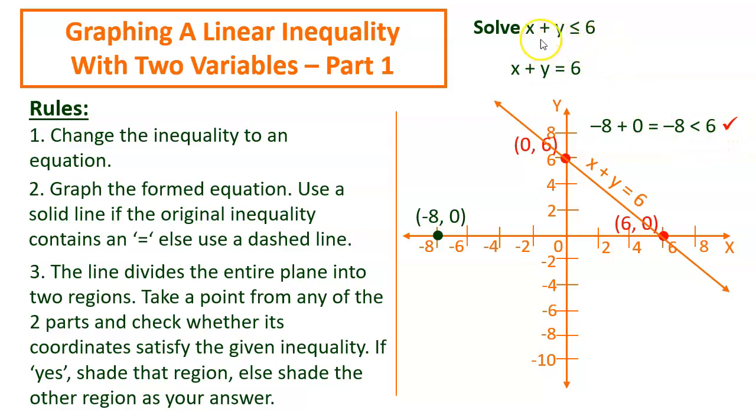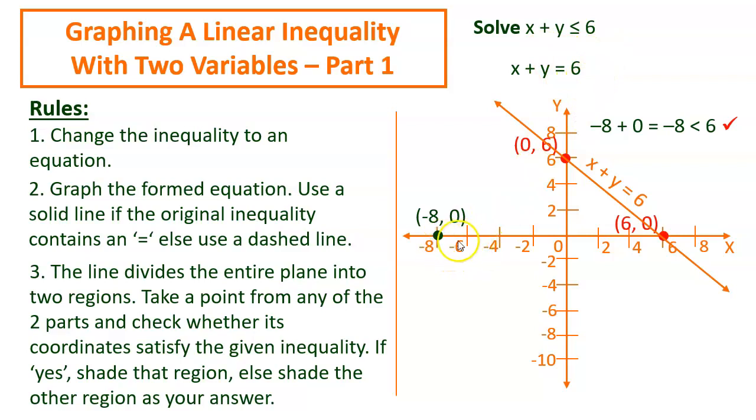Because the question is that x plus y should either be less than 6 or equal to 6, and we see that negative 8 is indeed less than 6. So the coordinates of this point satisfy the given inequality.